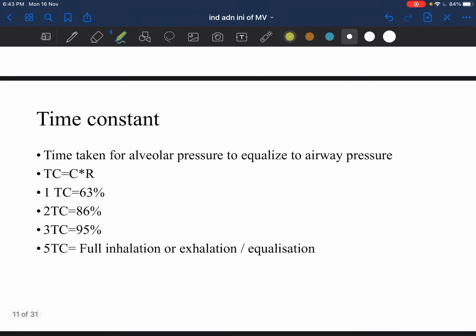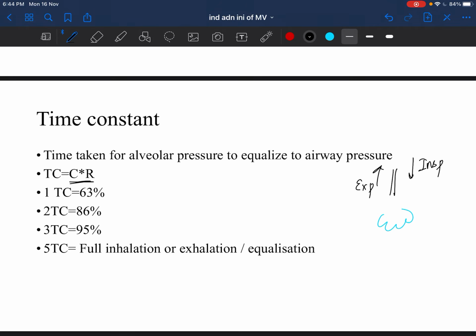Since we are discussing respiratory rate, I think it's important to touch upon time constant once again. This was also asked by one of the students. So time constant is the time taken for alveolar pressure to equalize to that of the airway pressure. It can be during inspiration or expiration, and both are called time constant. It is calculated as compliance into resistance.